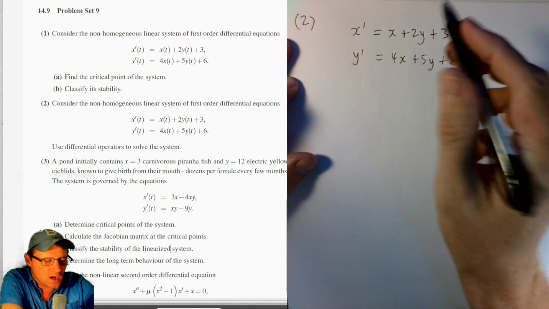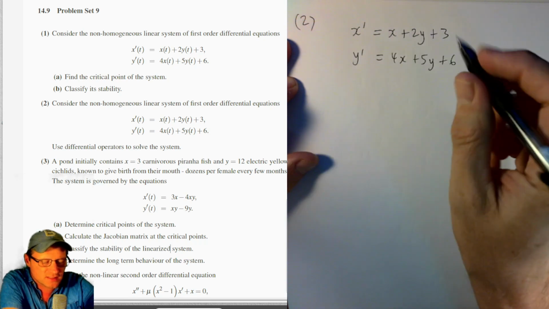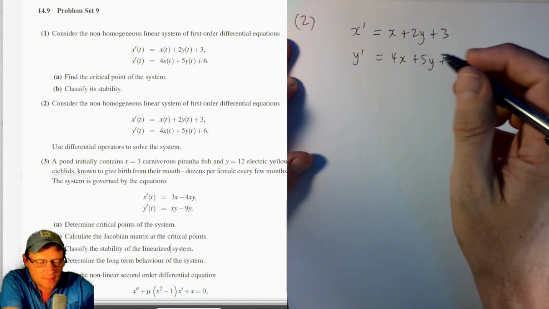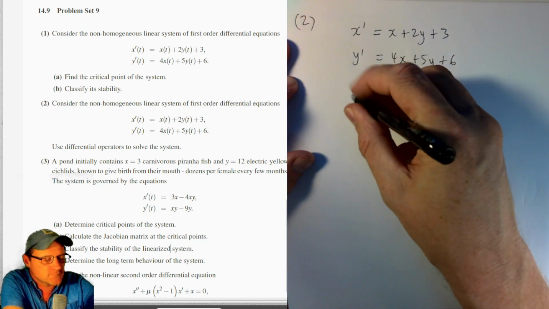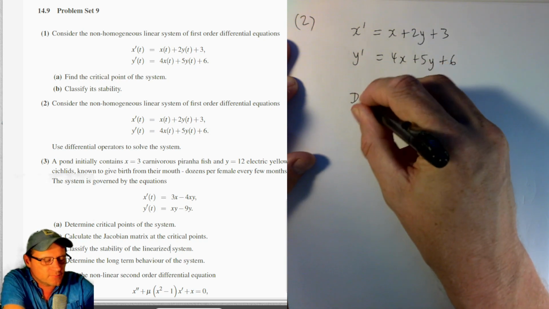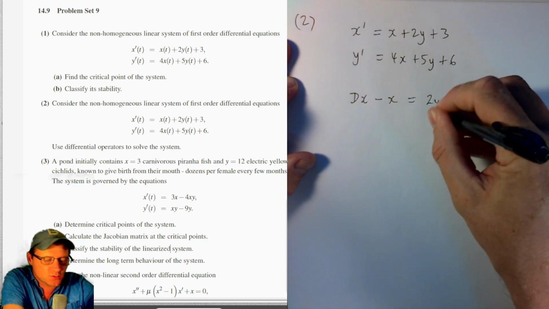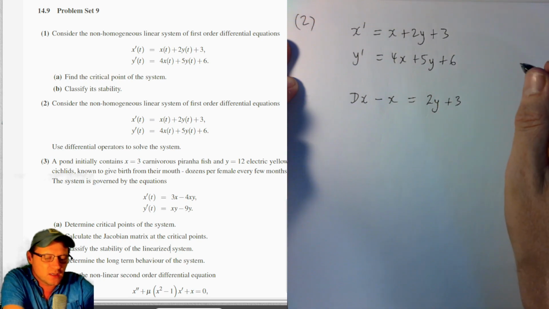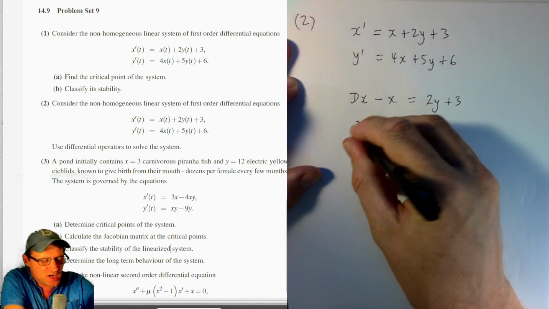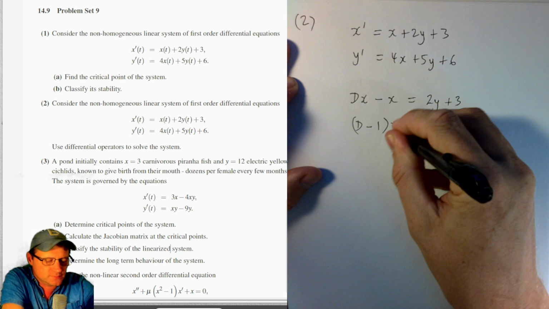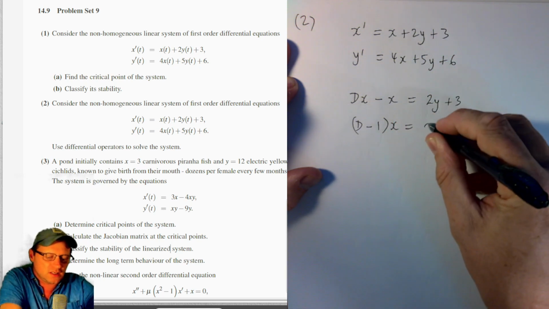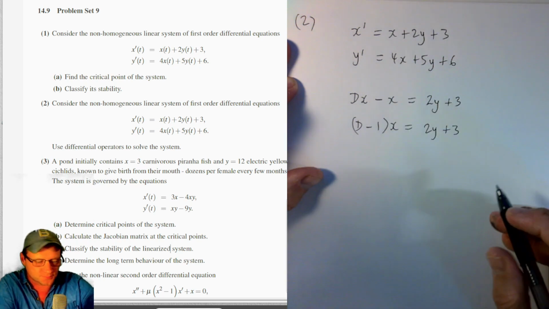Okay, and so I want to write this, putting the x's with the x's. Dx - x = 2y + 3. And so I can express this as (D - 1)x = 2y + 3.